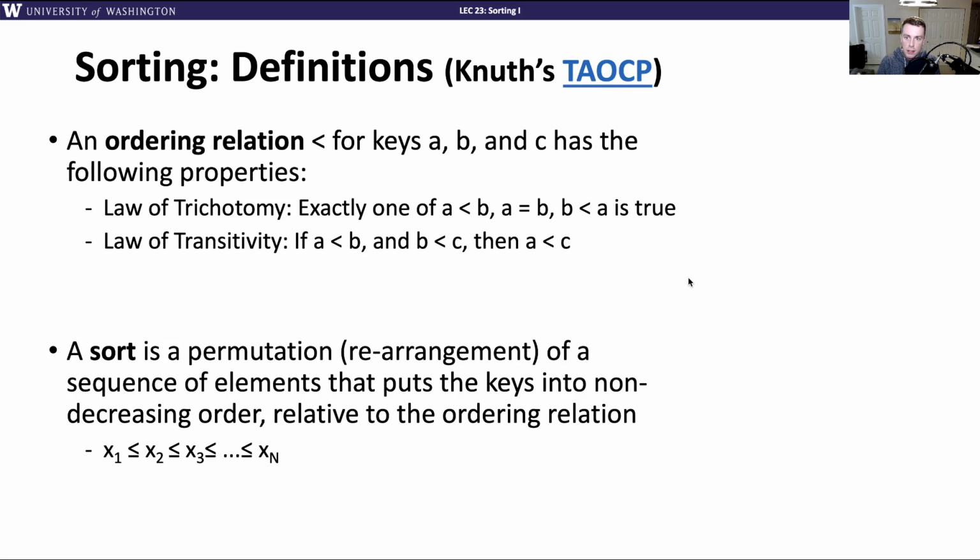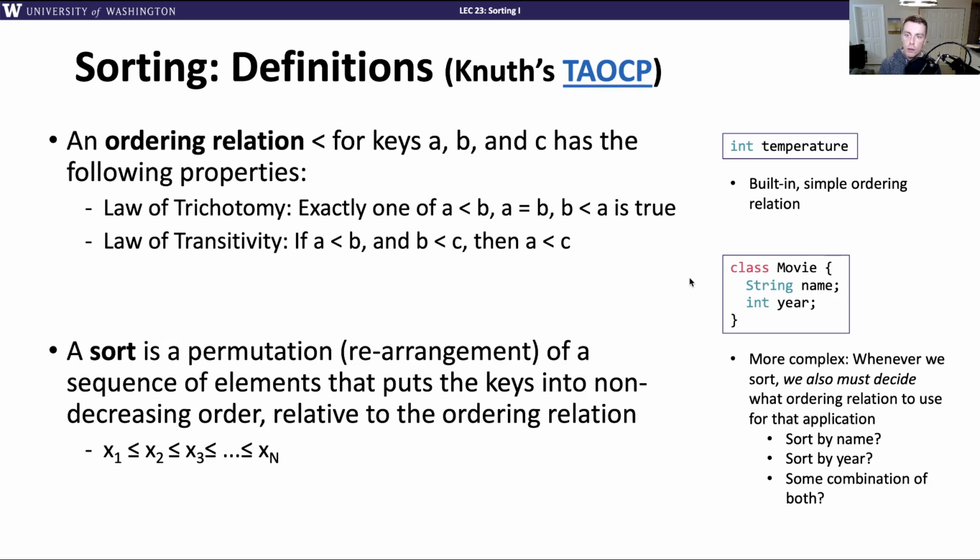So you have some values A and B, you want to say, is A less than B? Now the ordering relation is just a very abstract way of defining that, because it's usually pretty straightforward. If you had, say, a list of ints, sort them smallest to largest, or maybe largest to smallest, whatever you want. But if you're given something like a Java class, like the movie class that has a name and a year, how do you sort that?